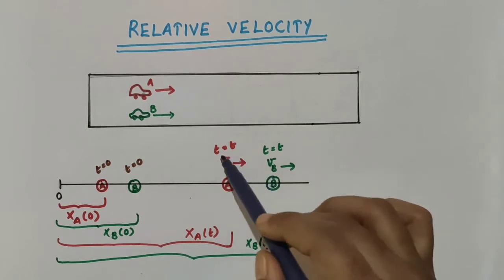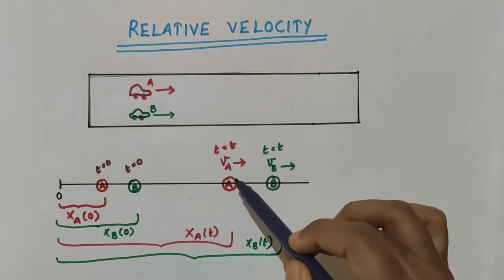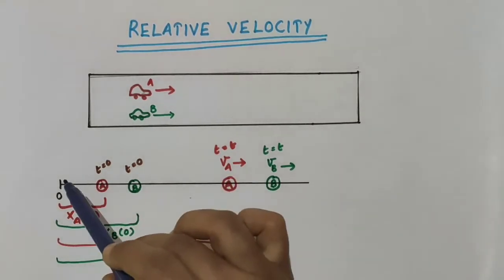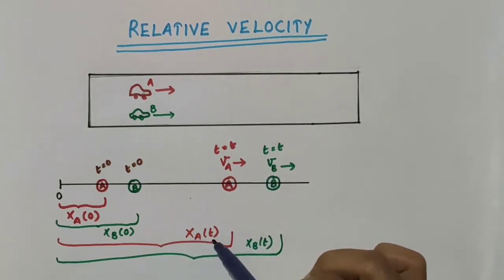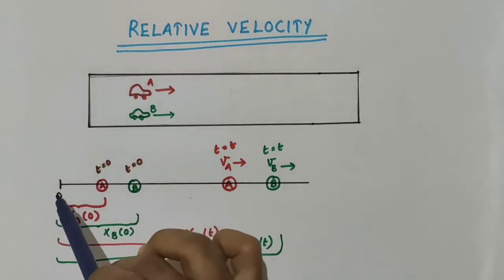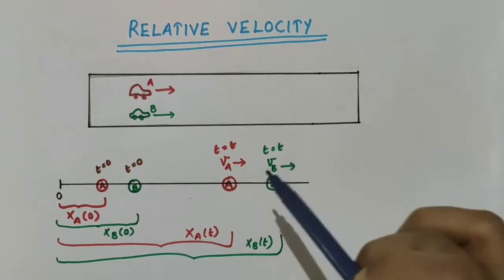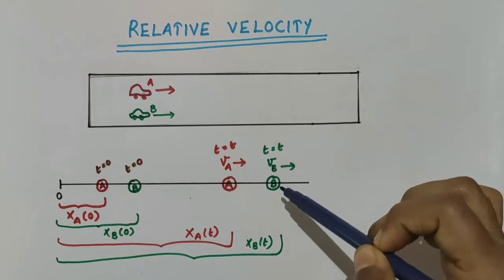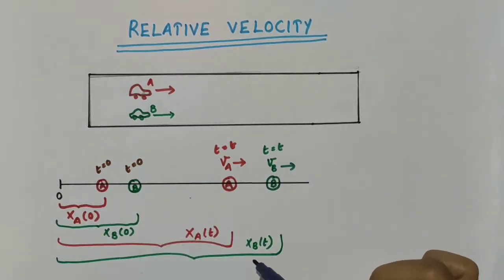Then after some time t, the object A has reached somewhere here, so its position with respect to the origin at time t is taken as xa of t. Similarly, after some time t, the object B has reached here, so its position with respect to the origin at time t is taken as xb of t.